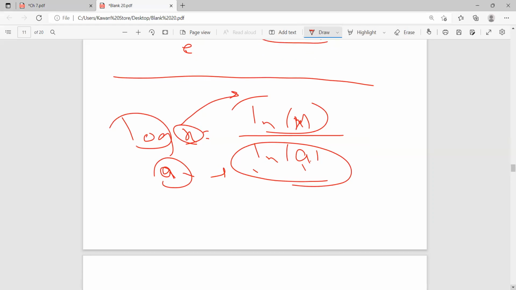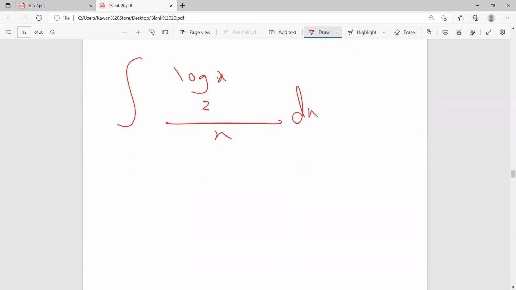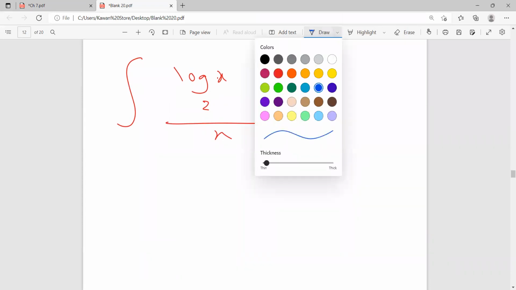Why am I using this property? Because for solving an example like the integral of log of x base 2 over x dx, I cannot solve it directly by log. This is very important, be careful. So how do you solve that one? I'm going to use the property that I gave you right now.